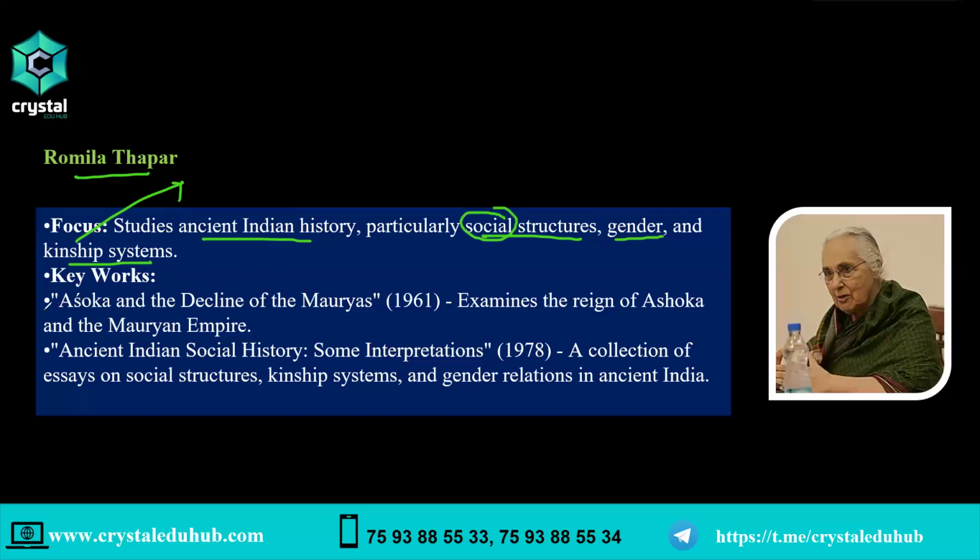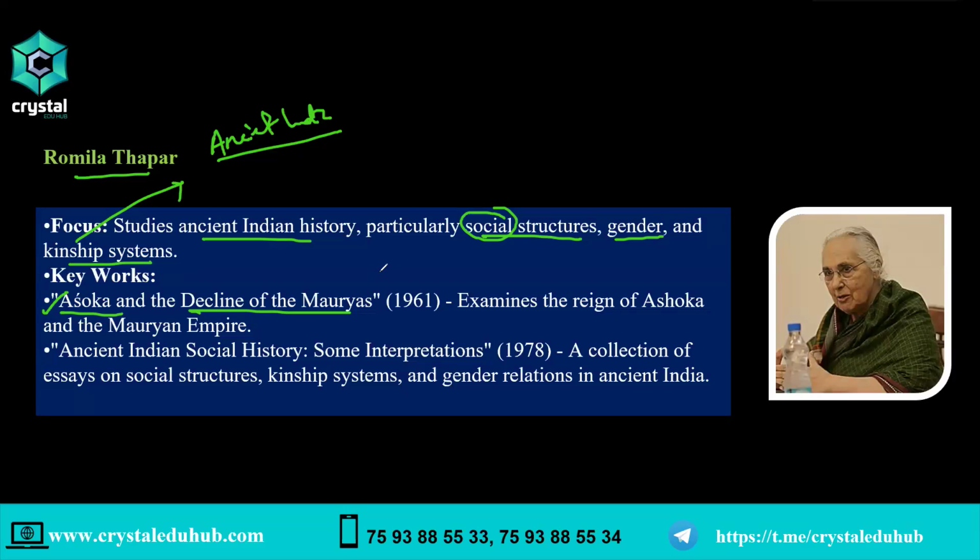Some of the very important works: she also wrote one important work regarding ancient India. We have Ashoka and the Decline of the Mauryas. Regarding the decline of the Mauryan Empire, she had one very important opinion: the vastness of the empire and the disintegration of the centralization features are some of the very important reasons behind the decline.